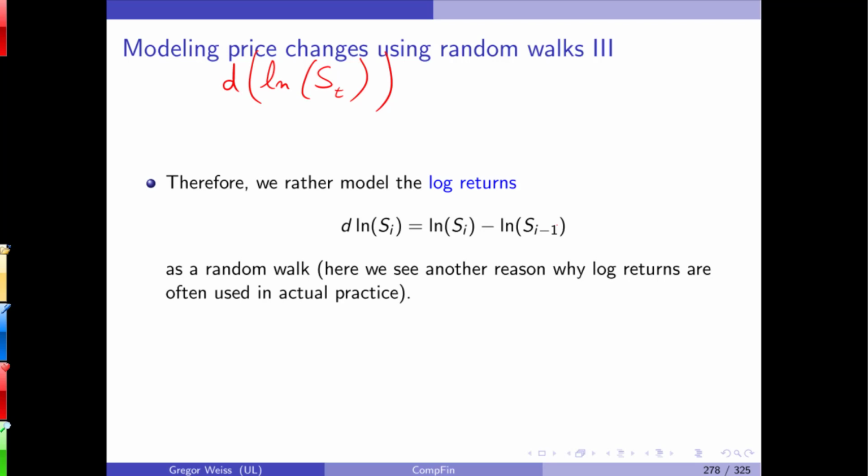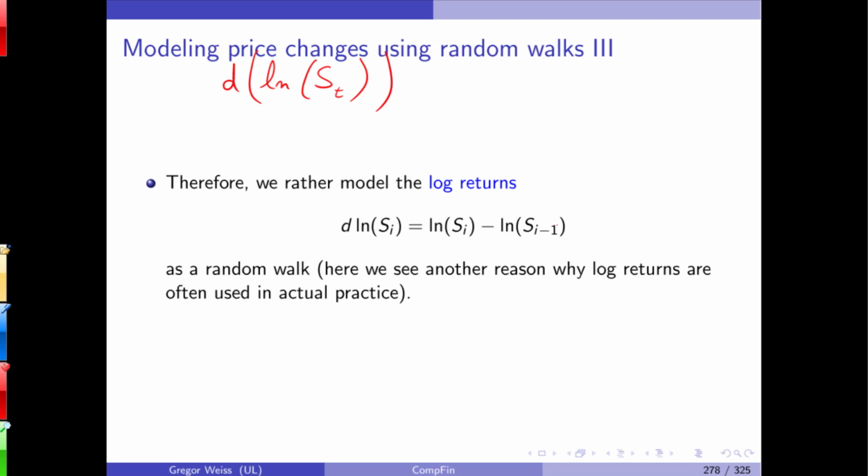And actually this is why in many models we are using log returns instead of discrete returns. First of all, if we are using continuous models, or models in continuous time, why would we use discrete returns? It makes more sense to use continuous returns with continuous models.